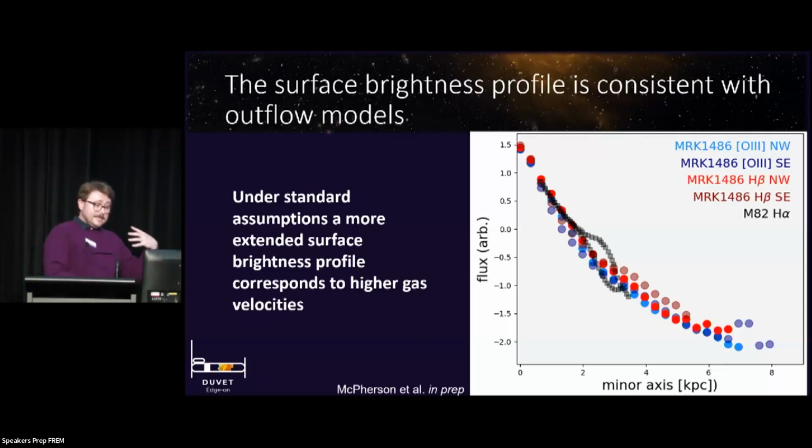We can see that in this galaxy, we recover this really extended minor axis emission profile out to just under 10 kiloparsecs. That's right to the edge of our field. That's similar to what we see in M82. Now, since this galaxy is really, really edge-on, we don't get any information about outflow velocity. But under standard assumptions, this more extended surface brightness profile corresponds to higher gas velocities.